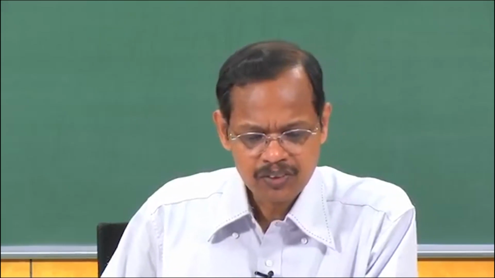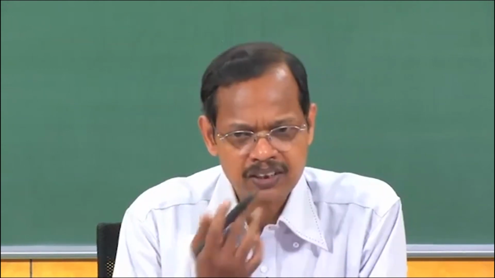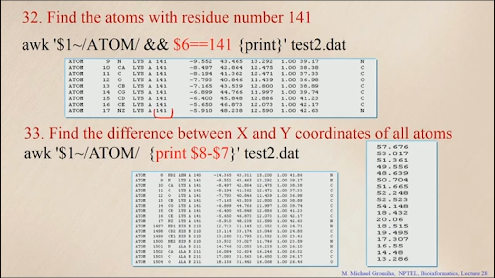It is also possible to use operators. We can do various operations like plus, minus, addition, subtraction, multiplication, division, right, many operations you can do. First I show one example, get the difference between 2 columns, for example 8 and 7, right. So, how to get the difference? You can just use subtraction.